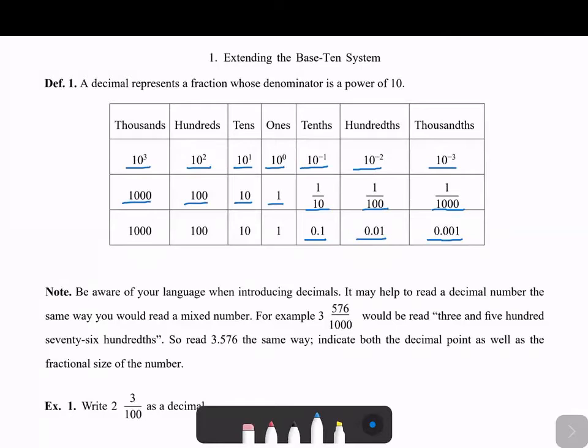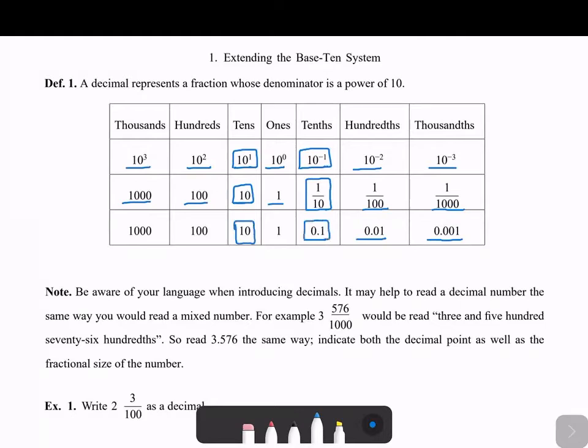Our tens correspond to our tenths: our tens are 10 to the 1, and our tenths are 10 to the -1, which is the same thing as 1 over 10, and also the same thing as 0.1.